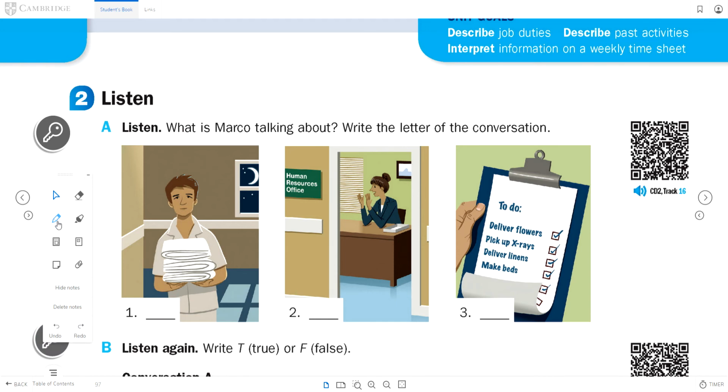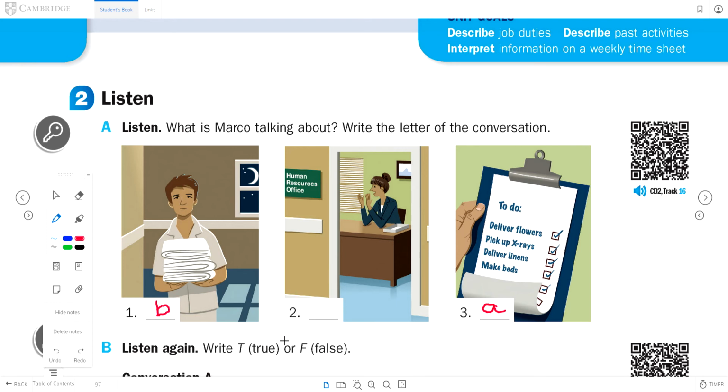Okay. So conversation A is picture number 3. Very good. Easy, right? Now conversation B. What did he do after? Do you remember? Conversation B is picture number 1.